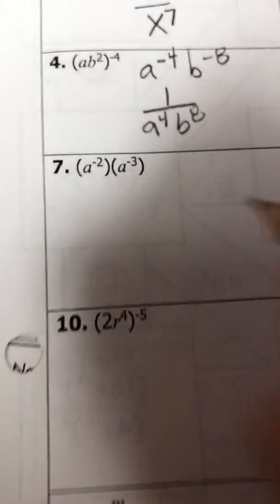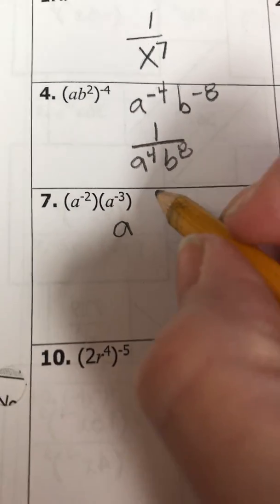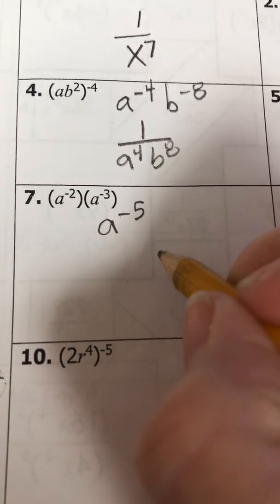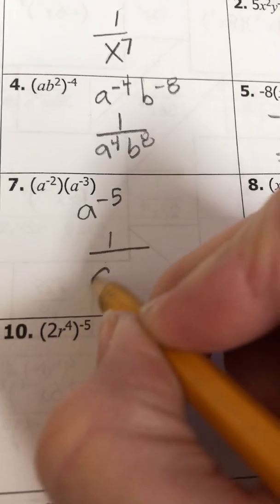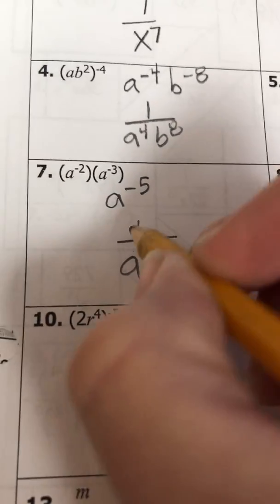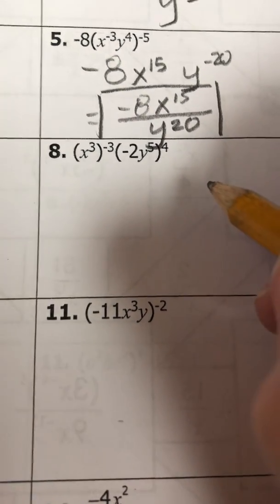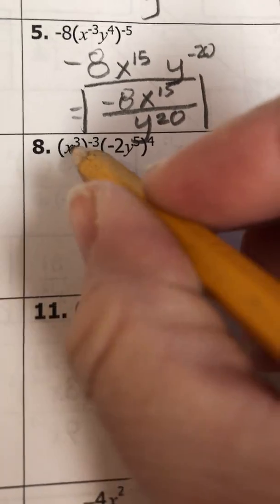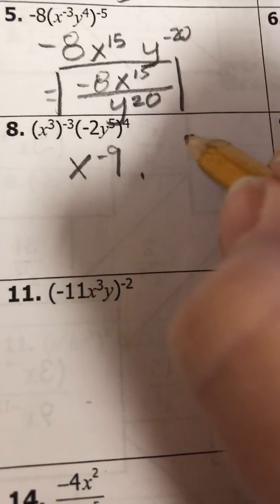Over here for number 7, I'm going to use my exponent rule. I'm going to add those 2 exponents, negative 5, and I'm going to end up with 1 over a to the positive 5th power.